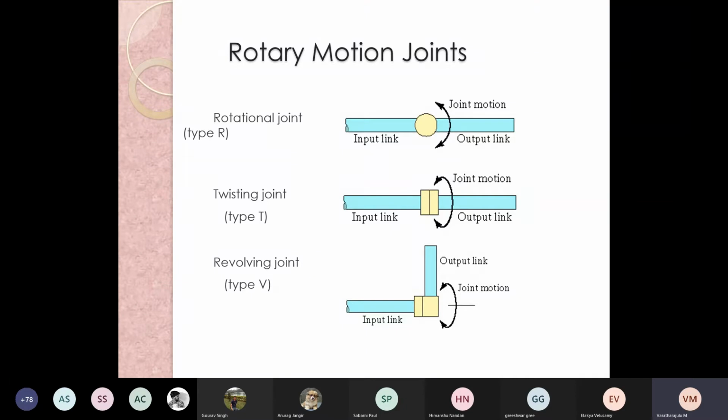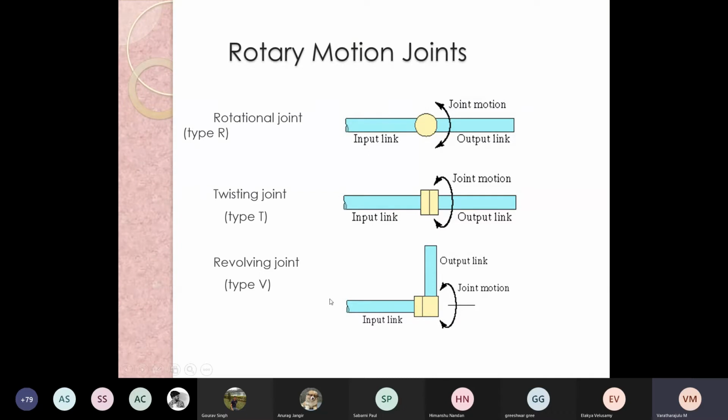Here the axes of the input link and output link are parallel, so this type of joint is categorized as a twisting joint. The last under rotary motion joints is the revolving joint, which also provides rotary motion, but the axis of the input link is parallel to the axis of rotation of the joint, and the axis of the output link is perpendicular to the axis of rotation.